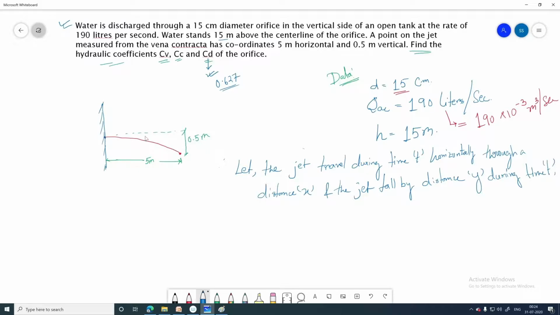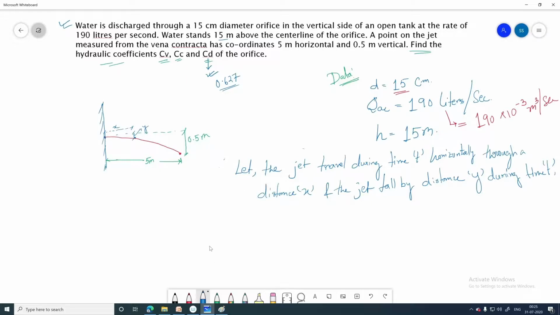So that means I am considering a point over here. Suppose there is a point. Now in time t, the horizontal distance of this particular point is x, and the vertical distance at this point is y at time t.